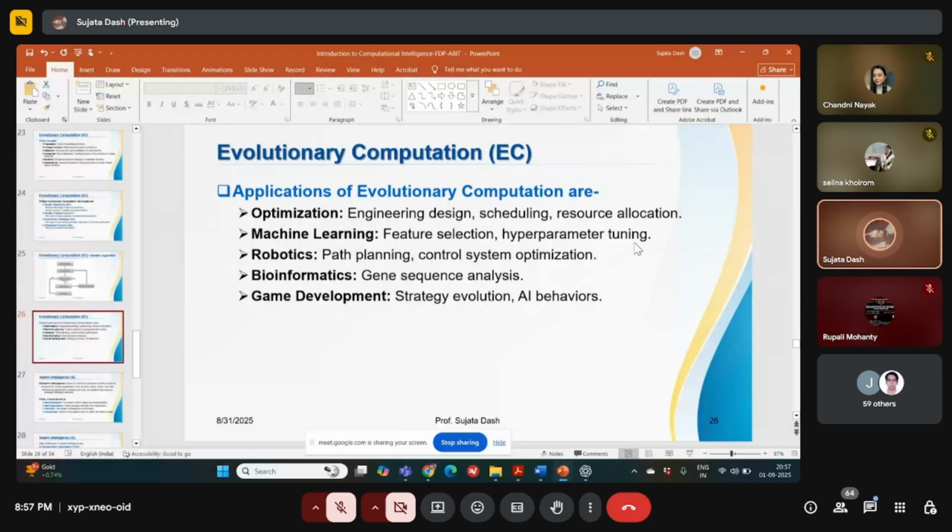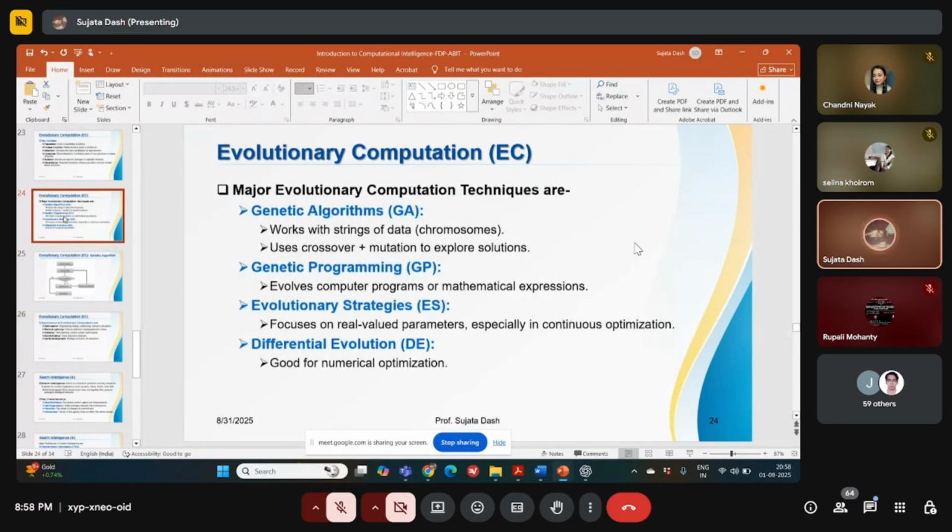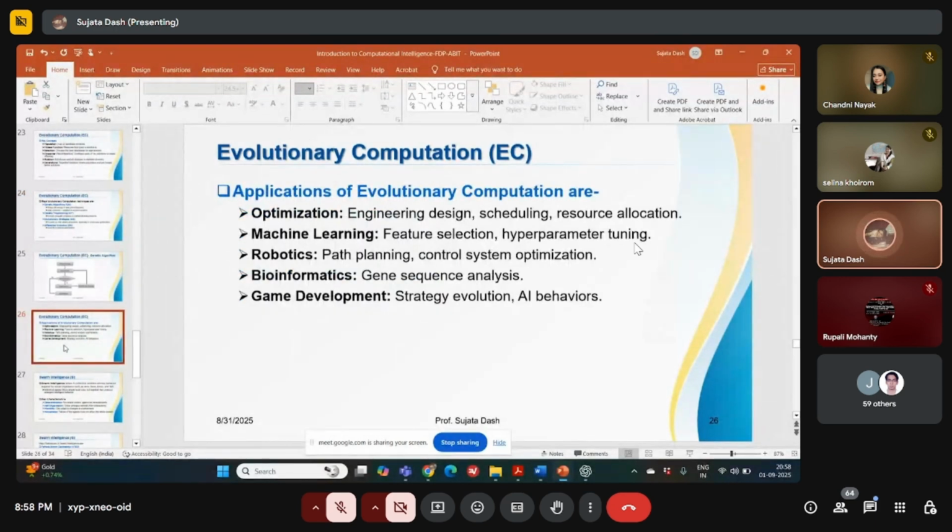Then after this genetic algorithm, evolutionary computation, genetic algorithm we discussed. Then applications of evolutionary computation. You can find the application of evolutionary computation in many areas, like optimization problems, such as engineering design, scheduling, and resource allocation. Similarly, learning problems.